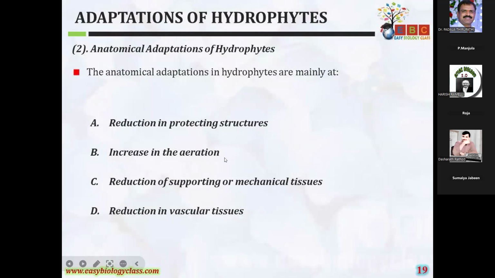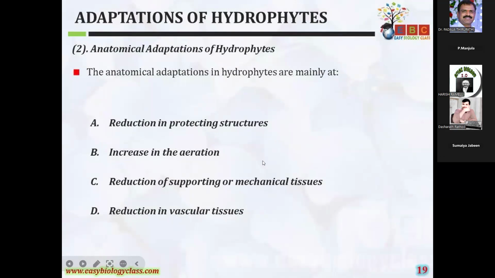When we observe the internal characters of these hydrophytes, the protecting structures are reduced, and there is an increase in aeration, that is, the presence of air chambers or aerenchyma. The mechanical tissues are also not well developed; the sclerenchymatous tissue is absent or reduced.